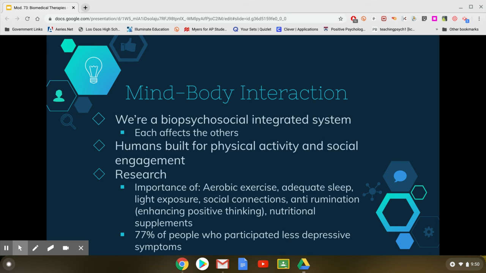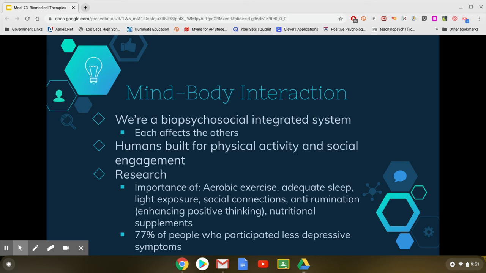And what they found was when people took all of those things into account and were taking actions with each of them, 77% of people who participated in the study, looking at the interaction of all of those things, had less depressive symptoms. So, what you should take from this is that biopsychosocial is really important.